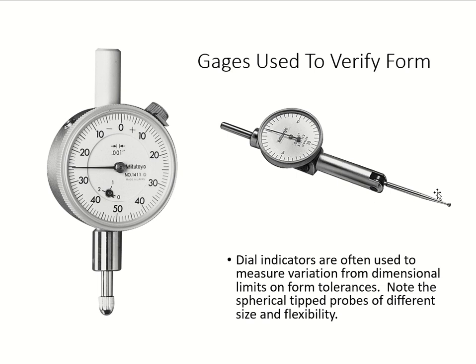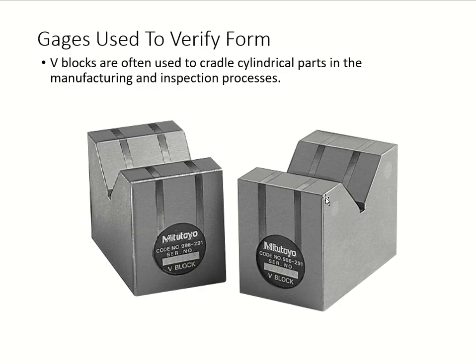So here, this is called a probe, like in your electronic lab. So this is your spheroid tip probes. You have different sizes and flexibility. Gauges. We have V blocks. We use them to hold cylindrical parts in your inspection or also manufacturing processes.